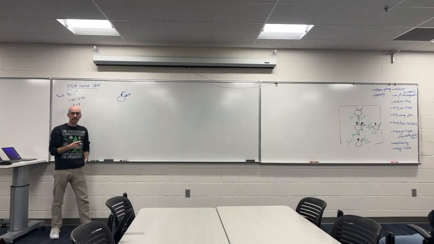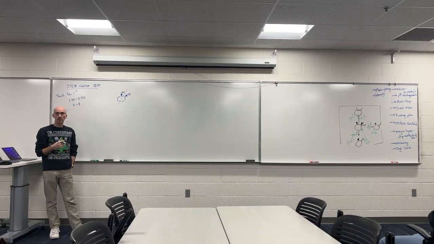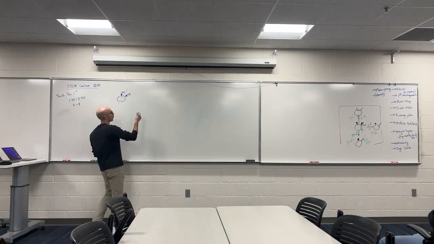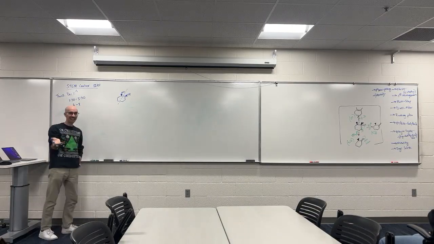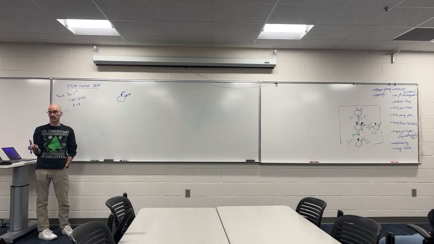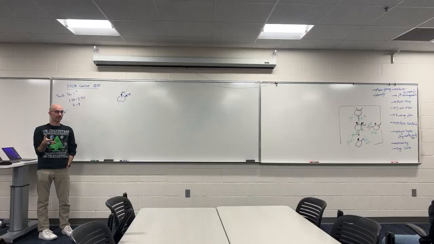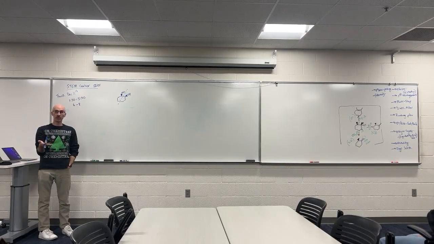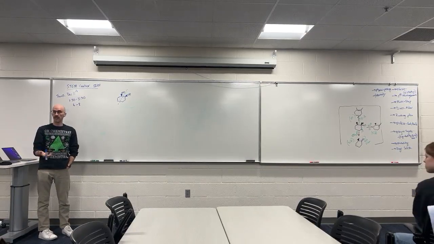Now let's see which of the chair conformations is the most stable. So a reminder on drawing chairs. I'm not going to ask you to draw chairs on the final exam because I don't want to grade them. But they can be useful in helping yourself understand something.